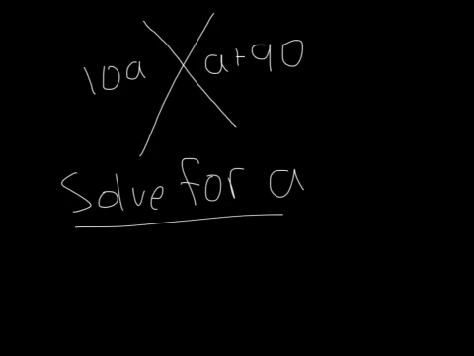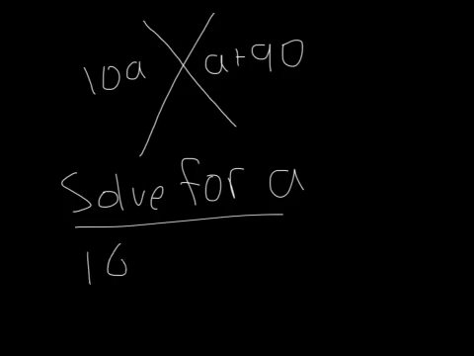Okay, let's try another one. Let's say we have this picture up here, and notice we have two intersecting lines. We know when we have intersecting lines, we have linear pairs on those lines, and we also have vertical angles crossing each other. So we have our 10A here, A plus 90. We know these are vertical angles, so we know they're congruent, and we can set them equal to each other.